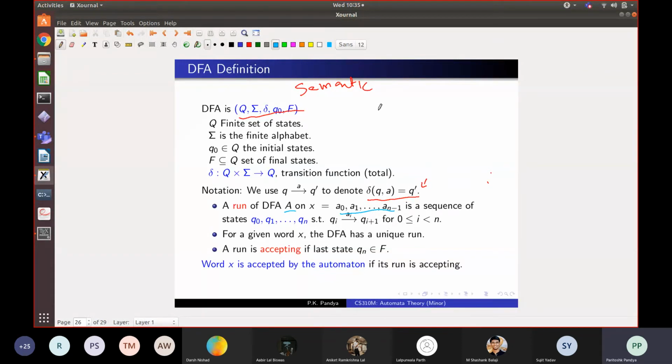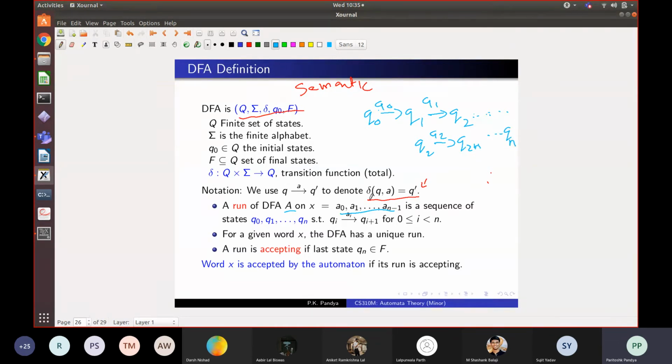And the execution, which is not drawn here, will look like this. On Q0, on letter A0, you will go to Q1. On Q1, on letter A1, you will go to Q2. And that sequence will go on. So in general, from state Qi, which occurs in this run, on letter Ai, you will move to Qi plus 1. Somewhere within this dot dot dot, from Qi, on Ai, I will go to Qi plus 1. And this will go on till I wind up in some final state Qn.